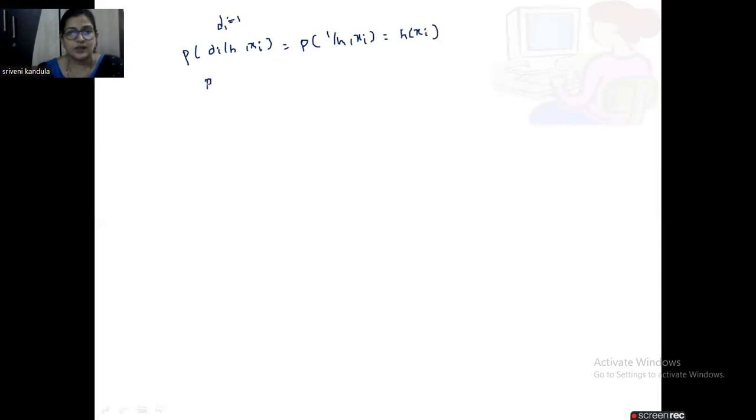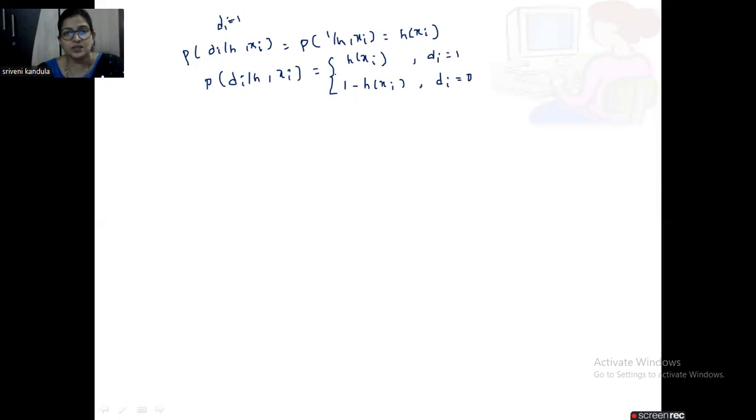So I will reformulate my P of di given h comma xi as h of xi. Why am I taking this? Because all events are likely events and they are independent of each other. So each event has an equal probability of getting the value 1 given h. And here it is h of xi whenever my di value is equal to 1. Otherwise, it is 1 minus h of xi whenever di value is equal to 0.